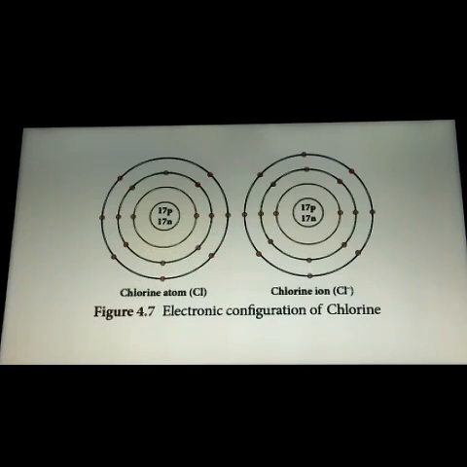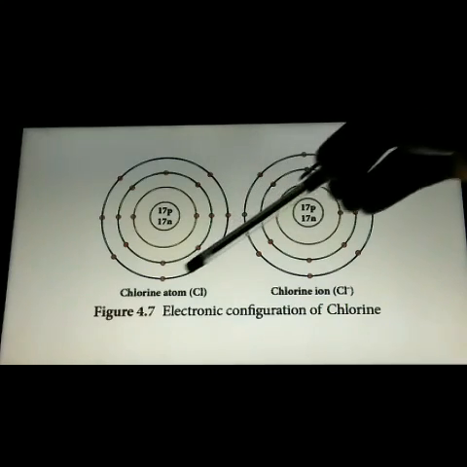Now you may see an example for this anion, that is the chlorine atom. And do you know what is the atomic number of chlorine? Yes, it is 17. Based upon the octet rule, to attain a stable electronic configuration, the chlorine atom will immediately gain an electron from some other atom. In the outermost shell, the chlorine atom has 7 electrons.